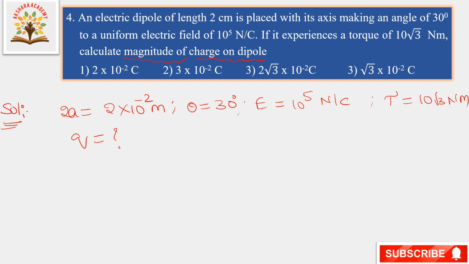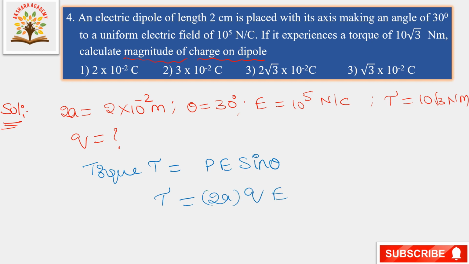Now torque tau is equals to PE sin theta. So tau is equals to 2a into q into E sin theta.